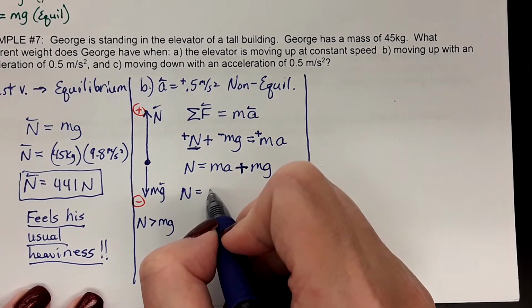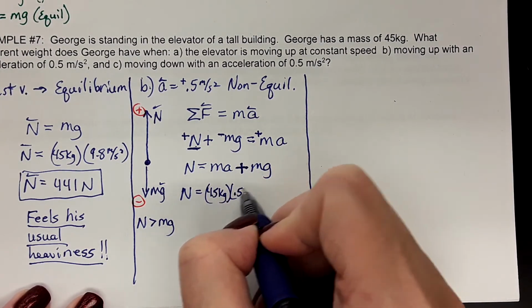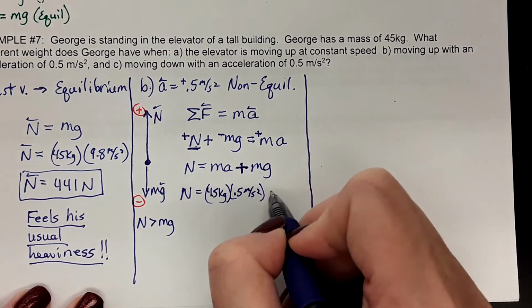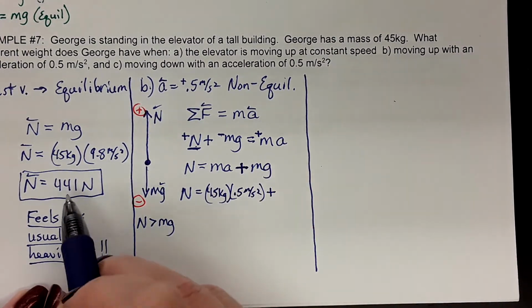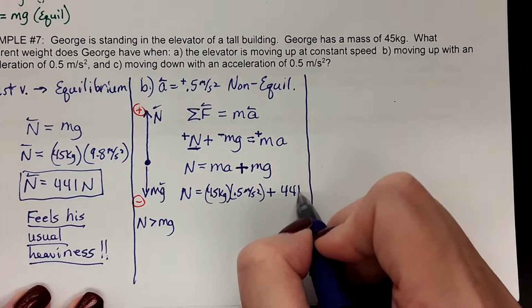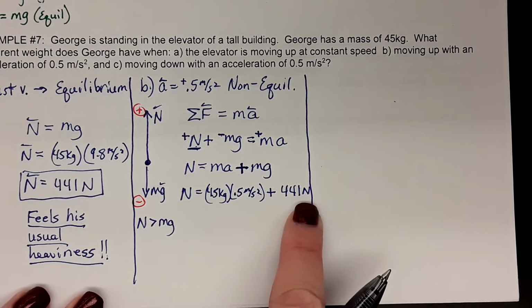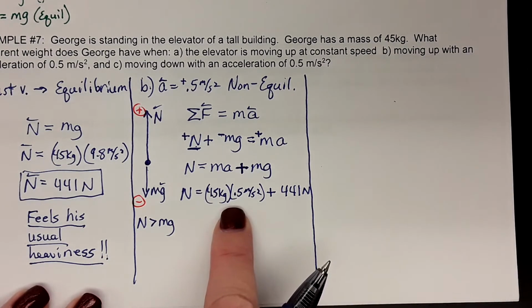So we get 45 kilograms times 0.5 meters per second squared plus, now we already found George's true weight over here, so I'm just going to put that in instead of writing out the mg. Okay? So we get 441 newtons of weight plus the net force.